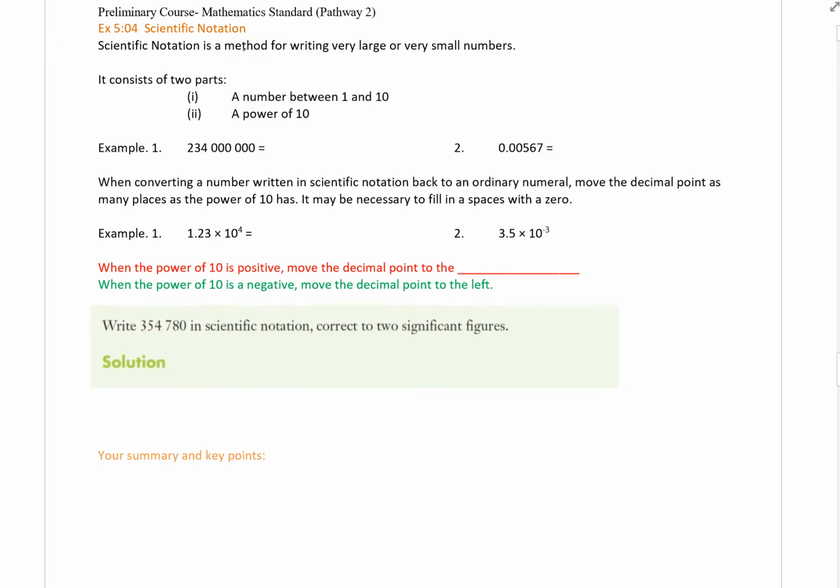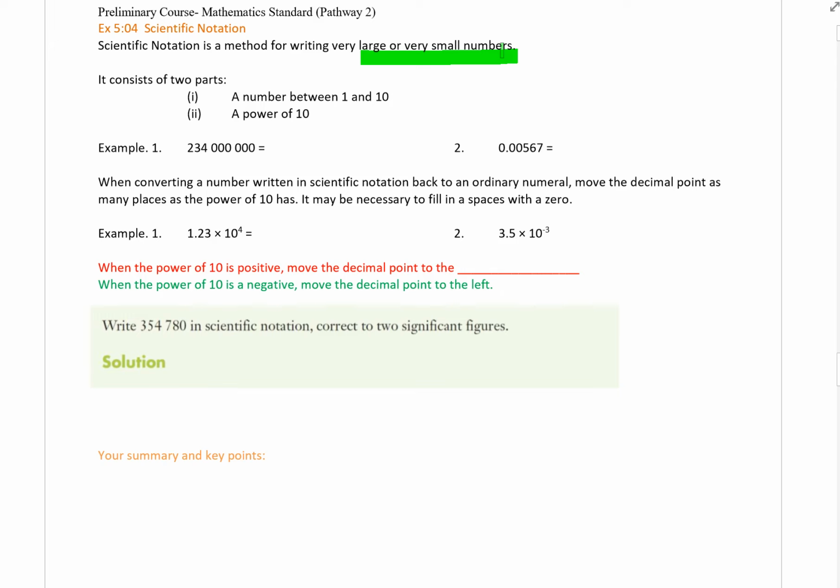You might get a question where you're asked to write in sig figs first, which is rounding, and then write in scientific notation. But on the whole, scientific notation is not rounding at all. All it is, is rewriting very large numbers or very small numbers in a different format.